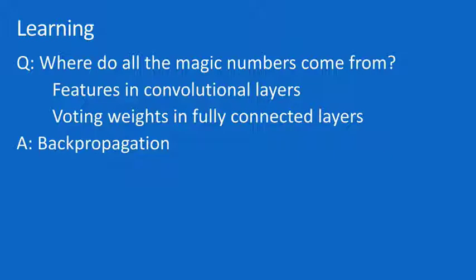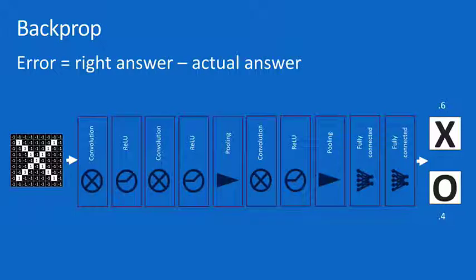You just have to provide an initial value, and then through backpropagation, we will look at the error at the final layer, and that error will be backpropagated to each of the weights, which in this case would be pixels of your filters or features.